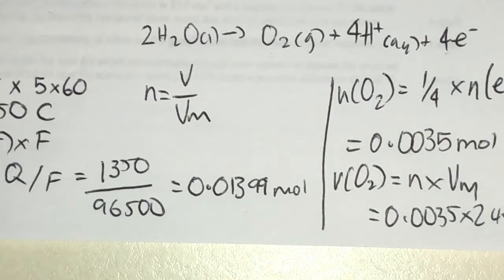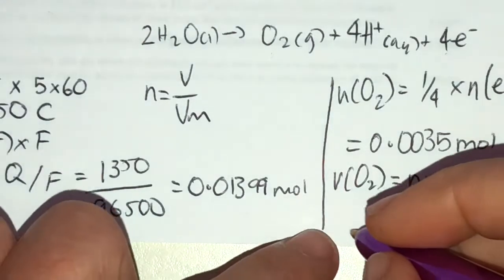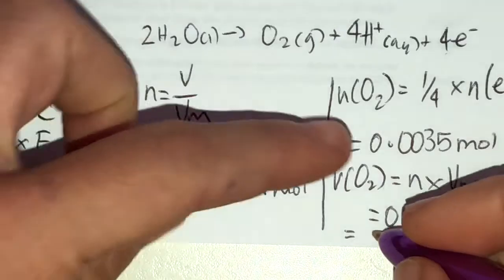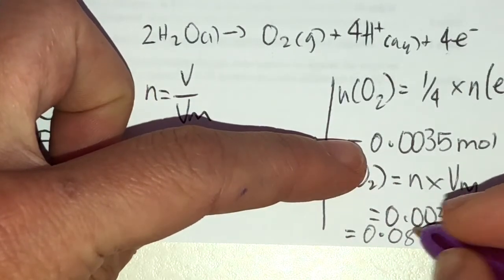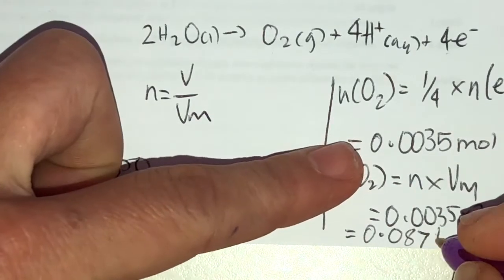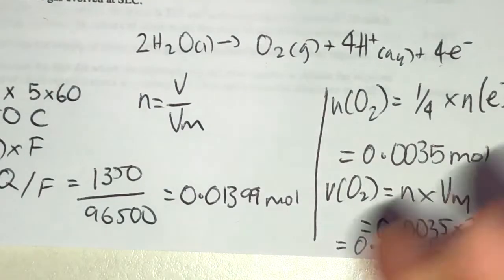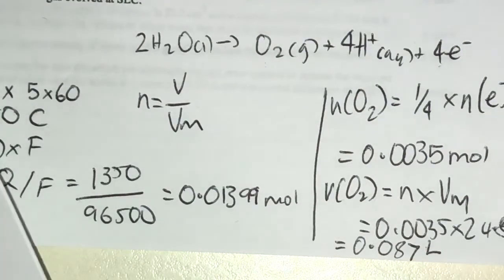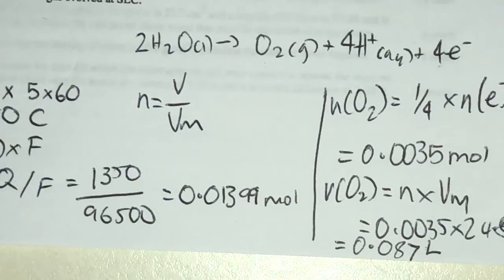And sig figs, 2 sig figs, since 4.5 amps, equals 0.087 litres. And we'll double check the answer, 87 mL, but it doesn't say that it needs to be in mL, it just says determine the volume of the gas.